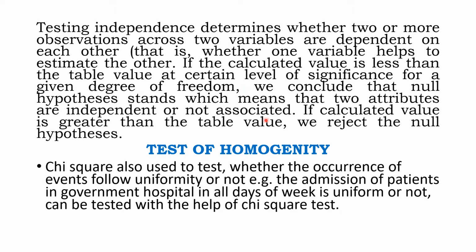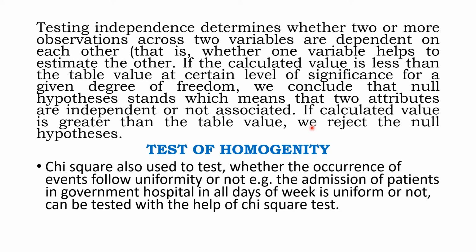And if the calculated value is greater than the table value, then we reject the null hypothesis. It is the same situation as when our calculated value is greater than the critical value written in the table, then we reject the null hypothesis and we accept the research hypothesis, that a difference exists.